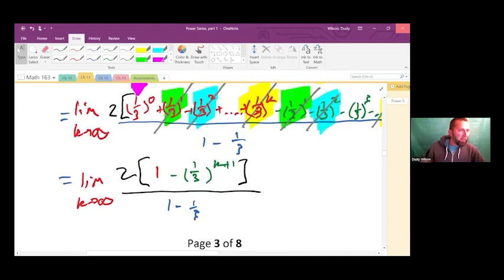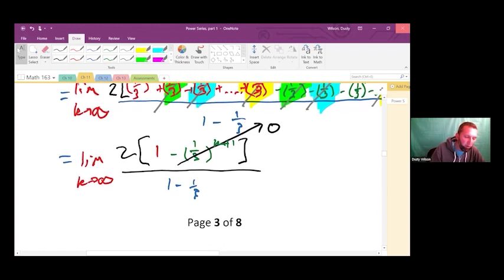Well, I think it should be clear that as k goes to infinity, 1/3 to the k plus 1 is a fraction. So think about those powers: 1/3, 1/9, 1/27, 1/81, 1/243. It should be clear to you that this term here is approaching 0. And so this whole sum is equal to 2 times 1 divided by 1 minus 1/3, that would be 2/3.